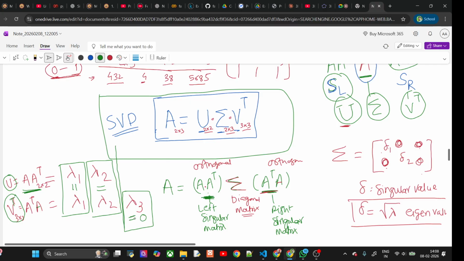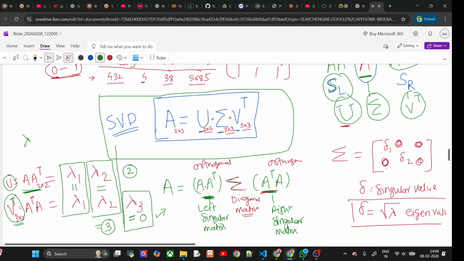So here what you found now is that the 3 cross 3 matrix has more eigenvalues, and the matrix A into A transpose has fewer eigenvalues. It has 2 eigenvalues, while the other has 3 eigenvalues. But lambda 1 and lambda 2 are positive eigenvalues, because these matrices are semi-definite matrices.